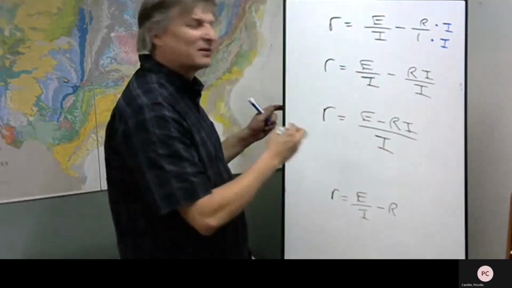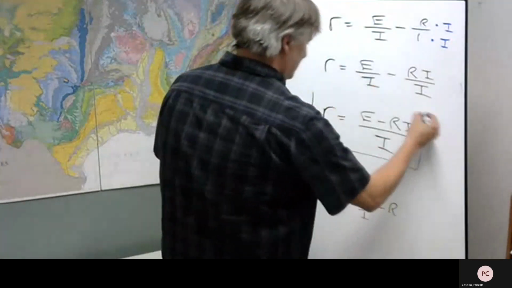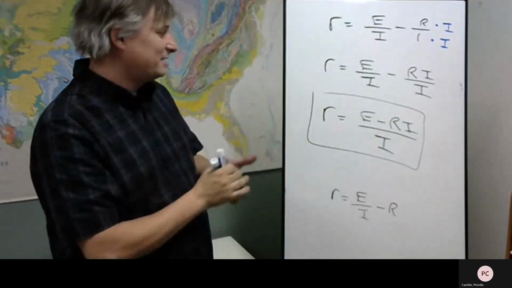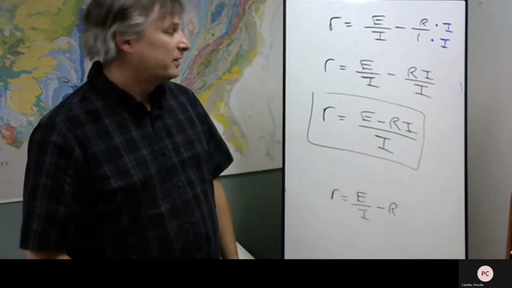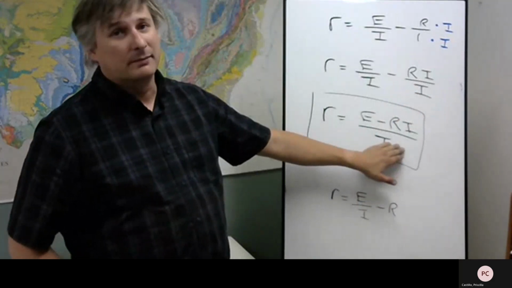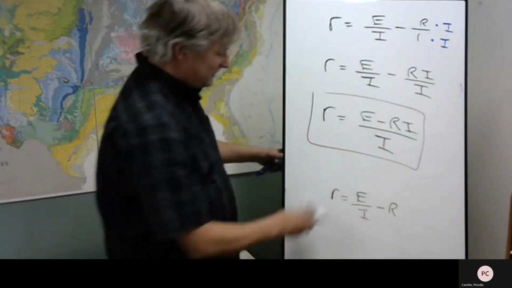That's a different sort of thing. That's going to be our answer. In the text, at least, this is the answer they're looking for. They want you to merge the two terms into one term.